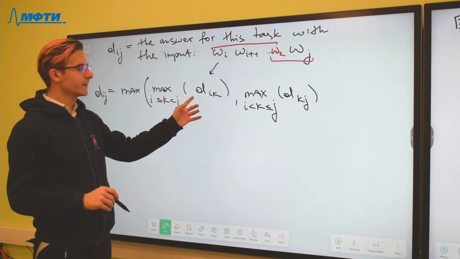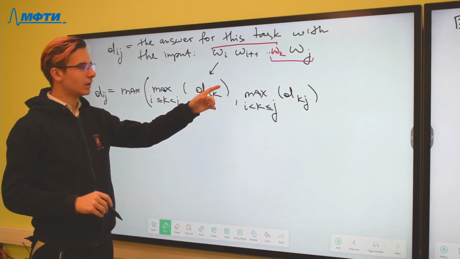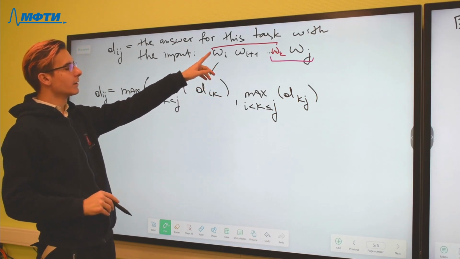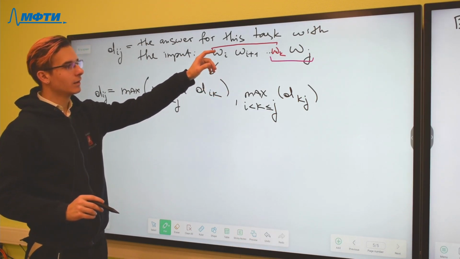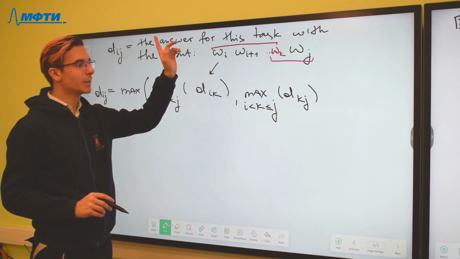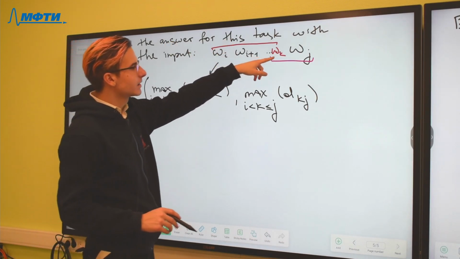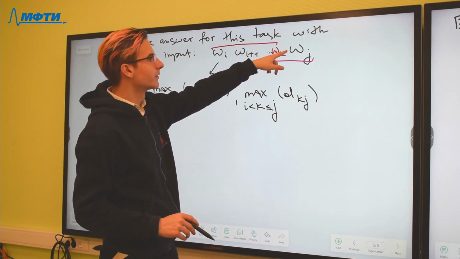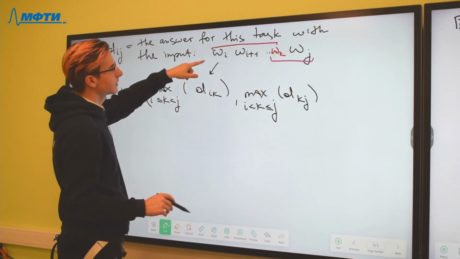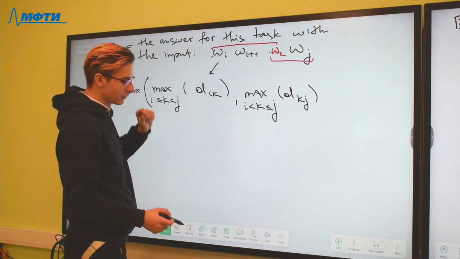And these two cases are cases in which the maximum substring that is a palindrome doesn't contain W with index g, or doesn't contain W with index e.